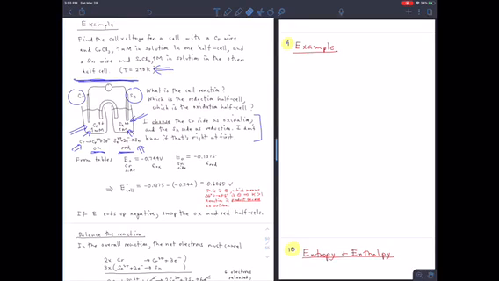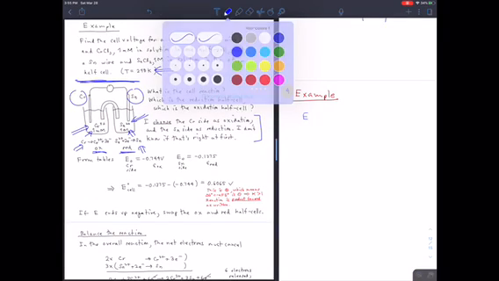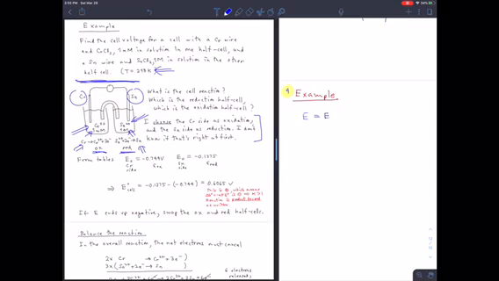First of all, ultimately I'm going to want to use the Nernst equation, right? I'm going to want to say that the cell potential is equal to the standard state cell potential minus RT over NF log of Q. In order to use the Nernst equation, I'm going to need the standard state cell potential.